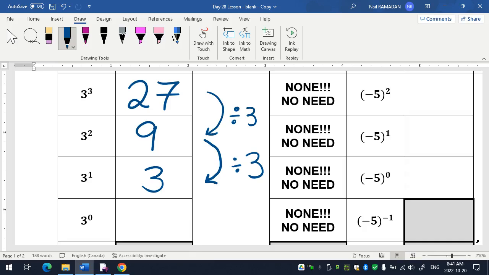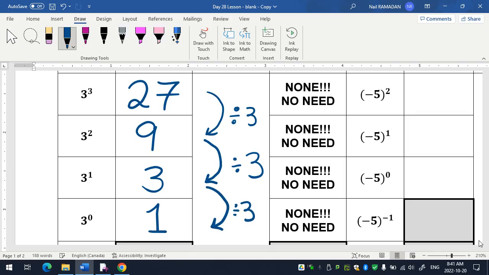The pattern here, divide by 3, divide by 3, divide by 3, tells you that your next answer is 1. So anything to 0 is 1. Tomorrow I'm going to show you another way to understand why it's 1. Today, let's just say because of the pattern, it has to be 1. So 3 to the 0 is 1, which follows from the same exact pattern.